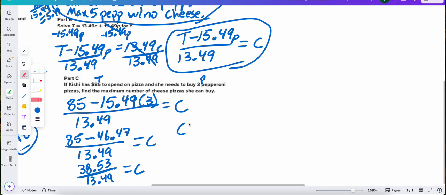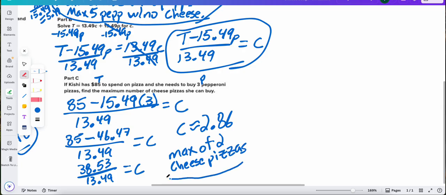When we divide that, we get that C is about 2.86. So this is the most amount of cheese pizza that you could buy. So you can't buy 0.86 of a pizza, and if you buy 3, you've gone over your amount of money. So the maximum amount of cheese she could buy is 2. So we have a max of 2 cheese pizzas.